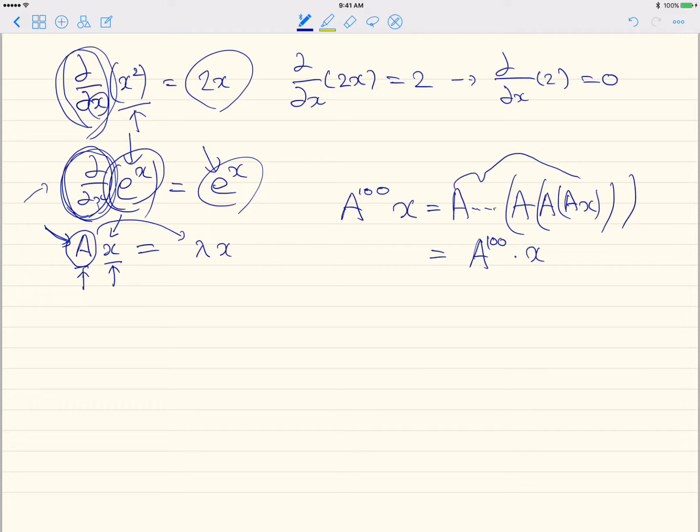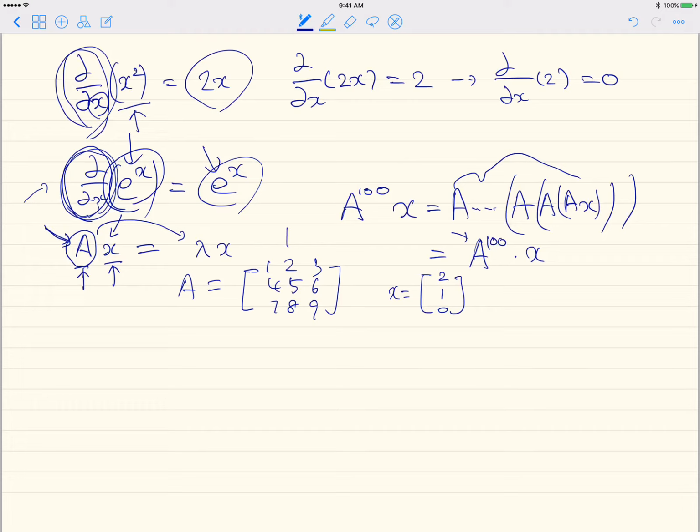So if I'm going to ask you to compute this, and I'm going to give you A as 1, 2, 3, 4, 5, 6, 7, 8, 9, and vector x will be like 2, 1, 0, for example.